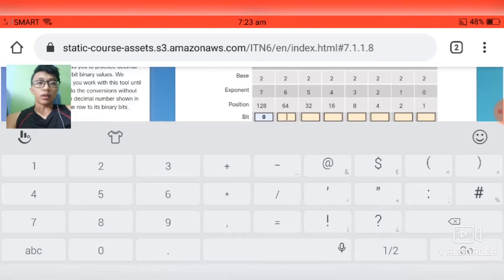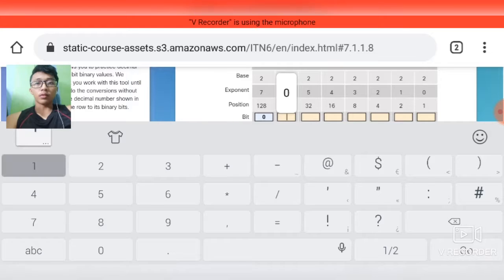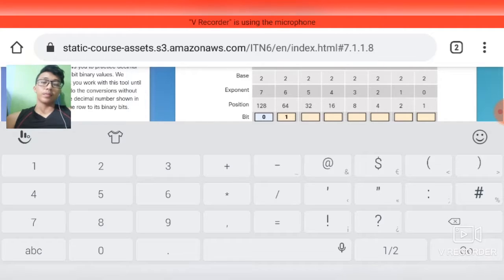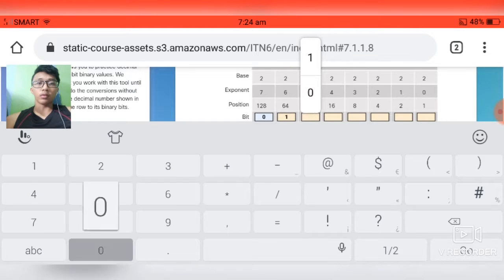And 85 can be subtracted by 64. So 85 minus 64 equals 21. 32 cannot be subtracted from 21, so the answer is 0.